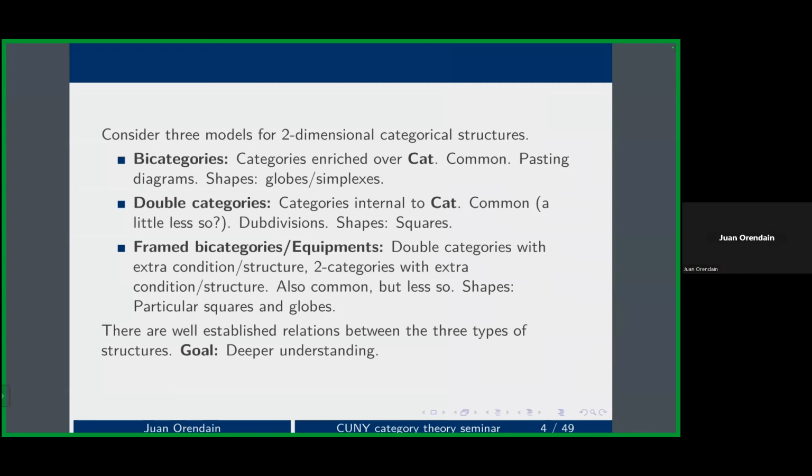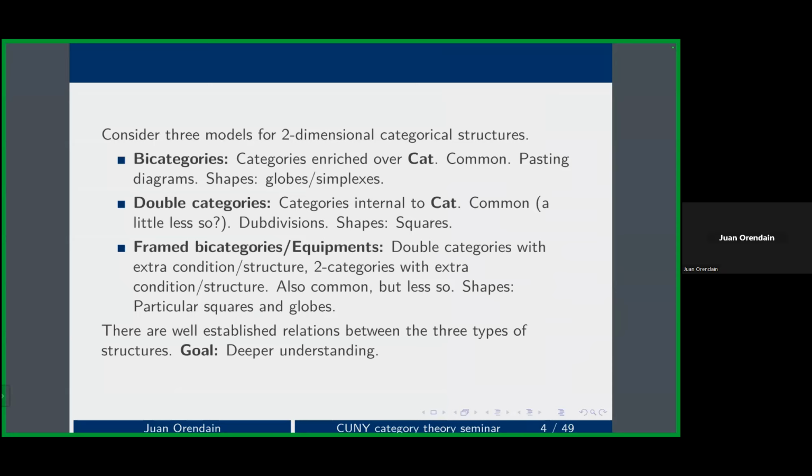Just one more thing. Your framed bicategories are somewhere in between these 2? Yes, exactly. Frame bicategories are kind of in between. They're bicategories with a little bit more, and they're also double categories with a little bit more, but that little bit more makes them be kind of like bicategories.